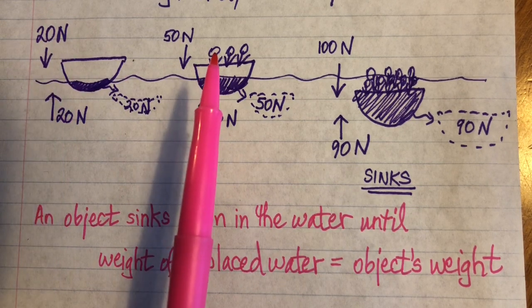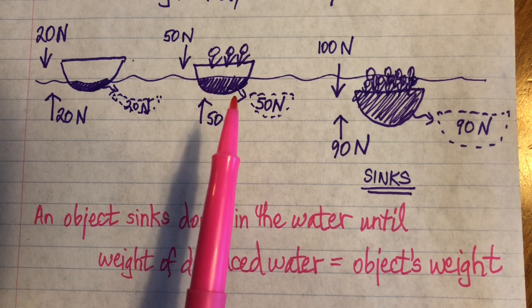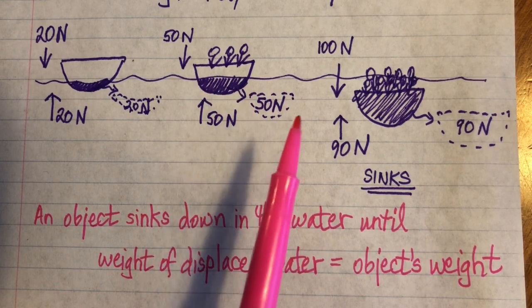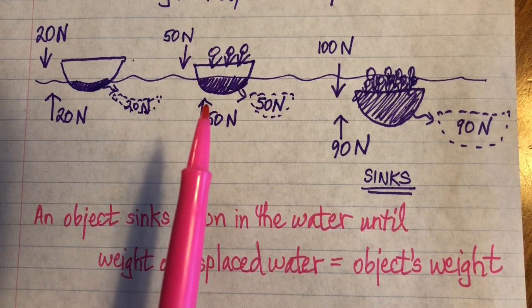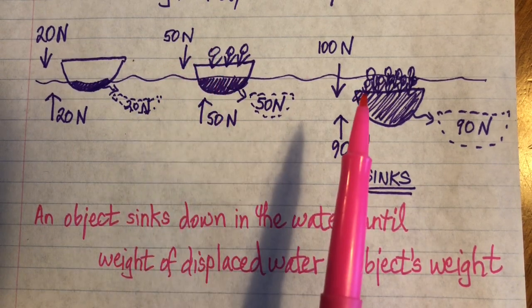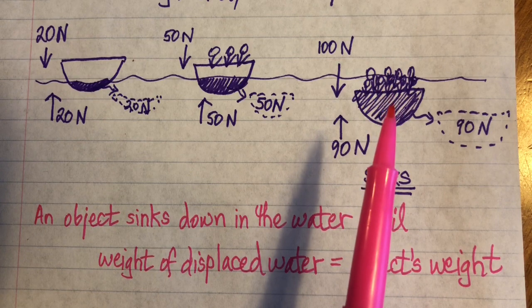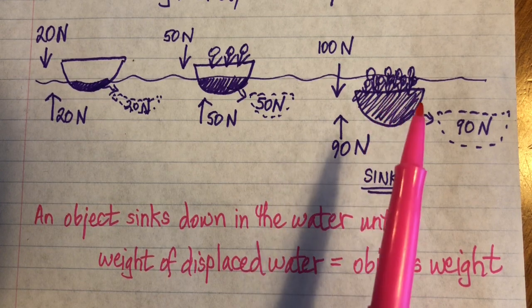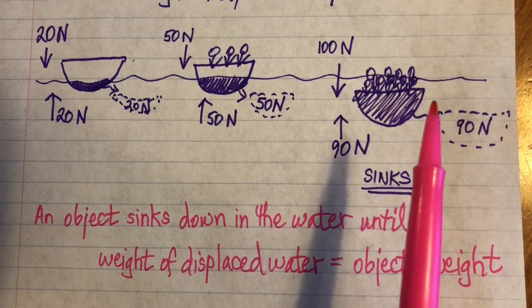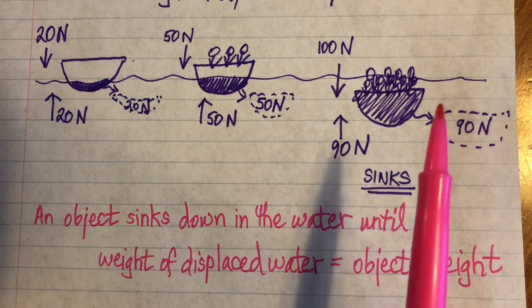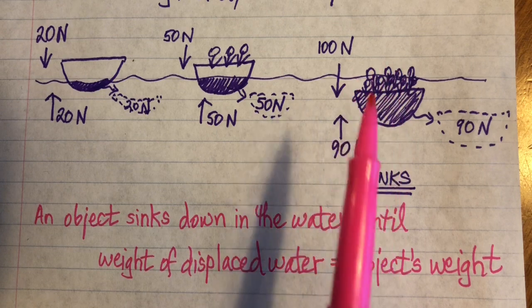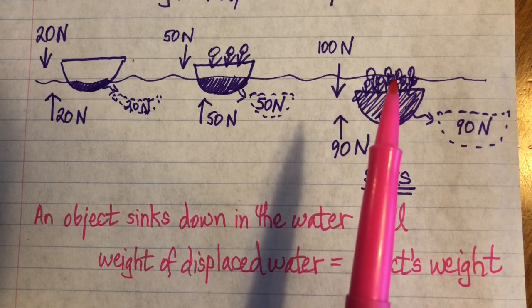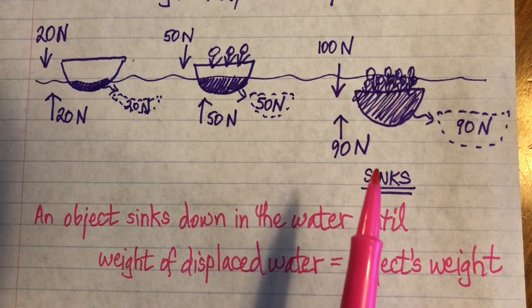If it's a heavier object, it sinks in more because this much water's weight equals the weight of the boat and people. In the last case, even if the boat goes fully underwater, the most water it can ever displace weighs 90 newtons. So if the object and the people on it weigh more, then it will sink.